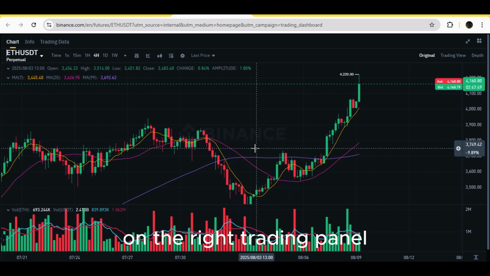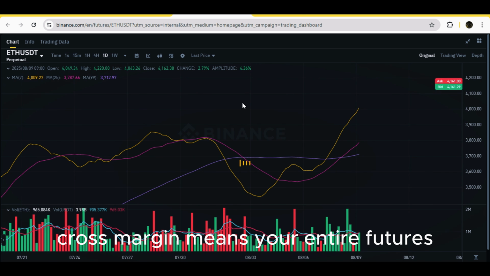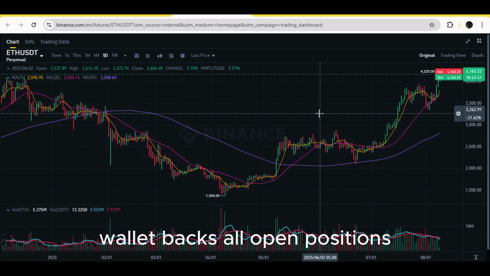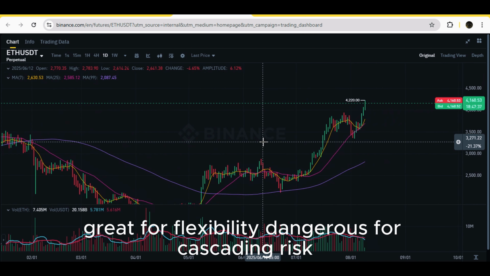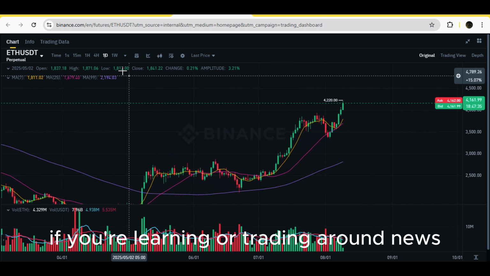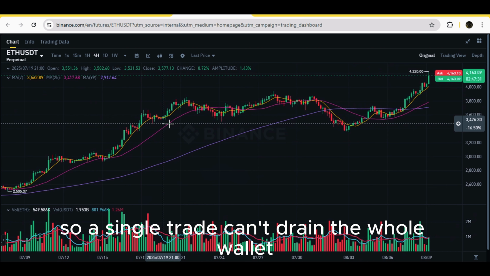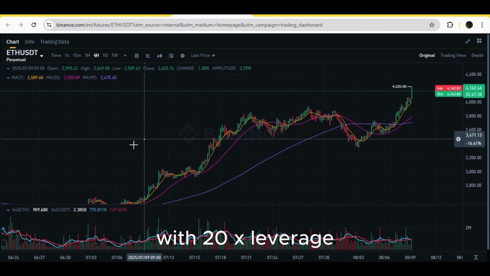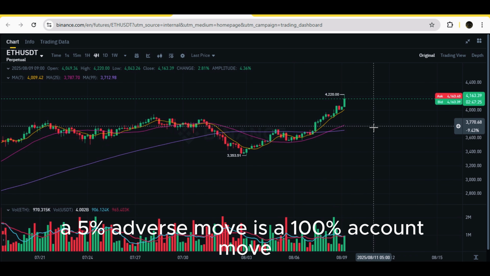On the right trading panel, you're in cross 20x with order type on limit. Cross margin means your entire futures wallet backs all open positions. Great for flexibility, dangerous for cascading risk. If you're learning or trading around news, consider isolated, so a single trade can't drain the whole wallet. With 20x leverage, a 5% adverse move is a 100% account move.